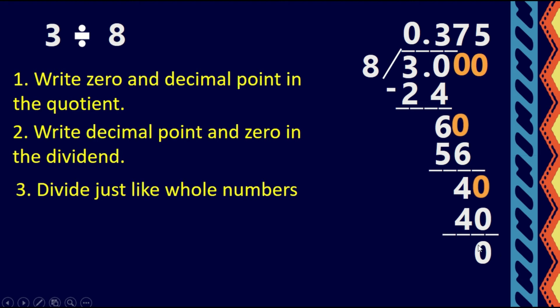Since you've got 0 as the difference, it means you're done with your division. So the answer is 0.375 or 375 thousandths. Another example, we have 1 divided by 4, or you can have it in fraction, we have 1/4.